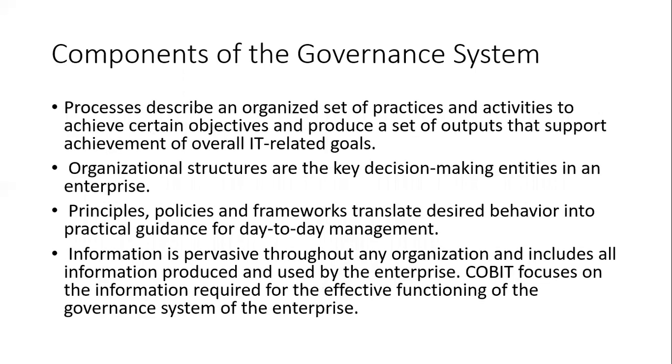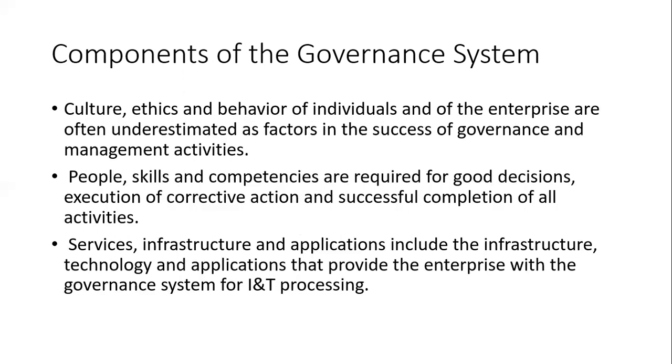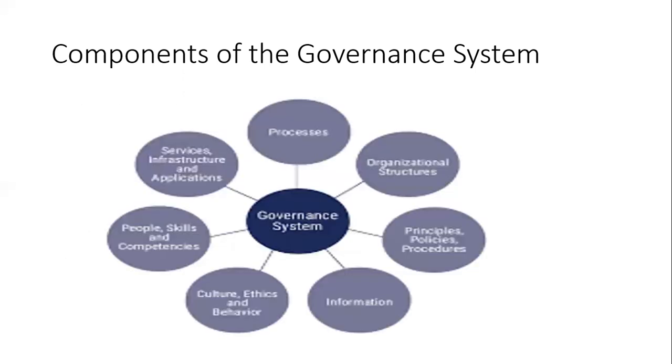So these are the 7 components of the governance system, very important in COBIT: processes, organizational structures, principles, policies and frameworks, information, cultural ethics and behavior, people skills and competencies, services, infrastructure, and applications. Okay, so at a glance, these are the 7.